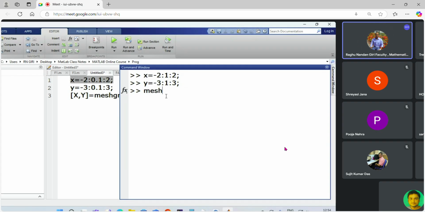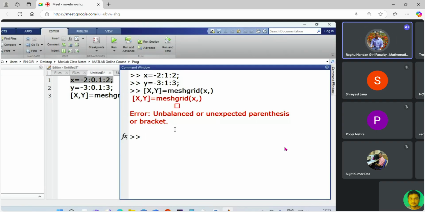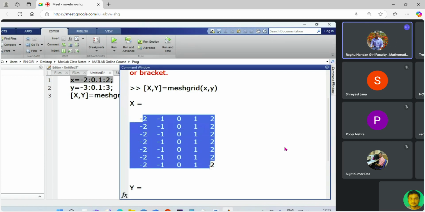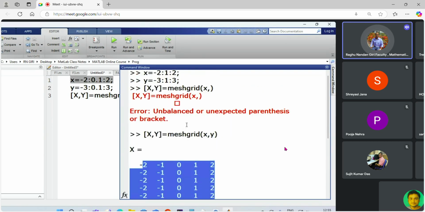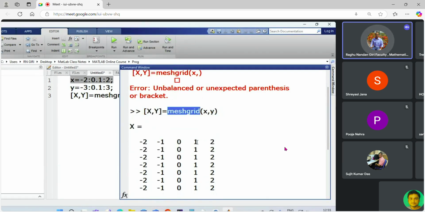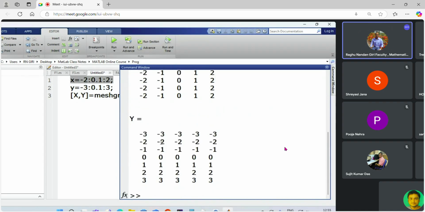Then meshgrid x comma y. See this. Okay, x comma y. See this, x is a matrix and y is a matrix. There is a function meshgrid which will create the grid from the vectors.